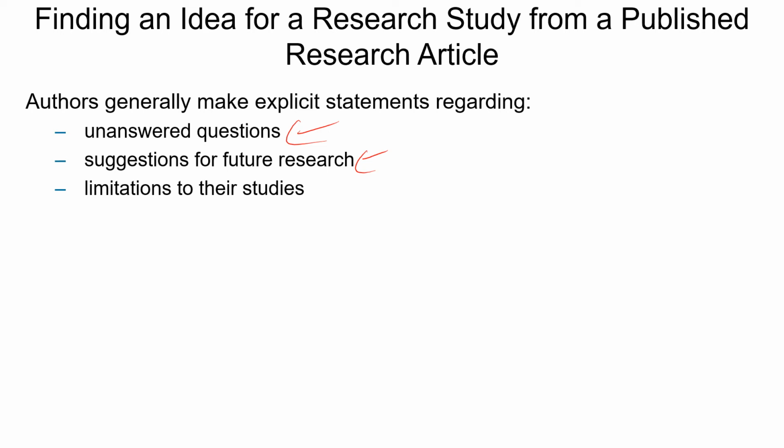They also talk about limitations to their studies, and that is something that can be expanded on. So these are the types of things that researchers put at the end of their papers, not because they're just trying to be humble or because they're saying this is what their future research is going to be. They're doing that because they are trying to get other researchers to take it up and do that research as well.